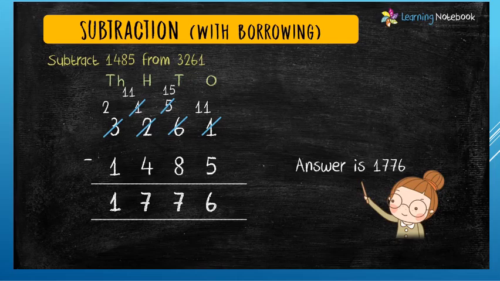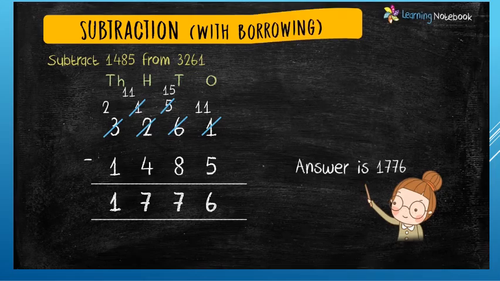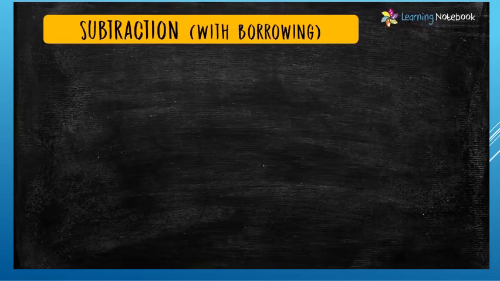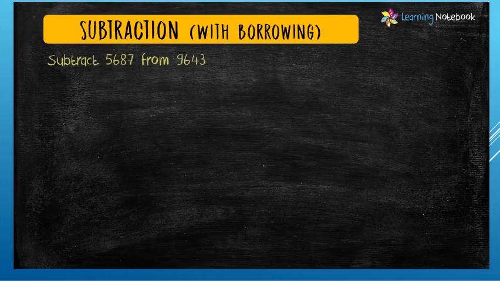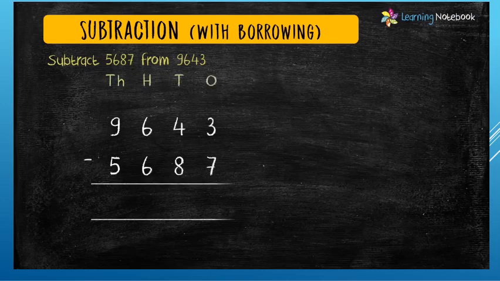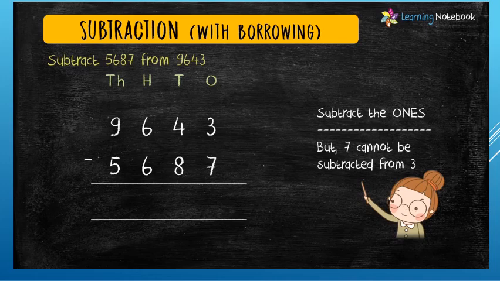So now students, let's do one more example. Question is, subtract 5687 from 9643. Let's write them in columns. Now subtract the digits at ones place.